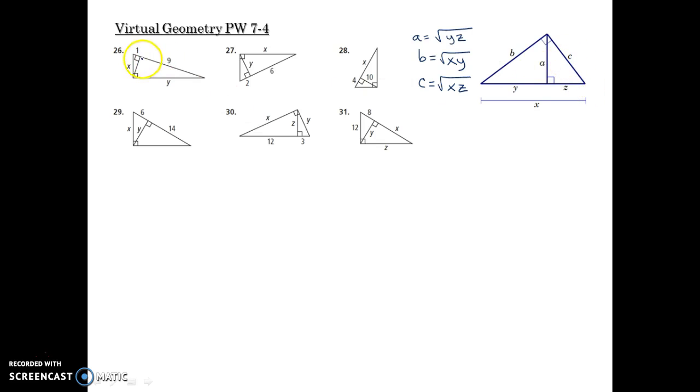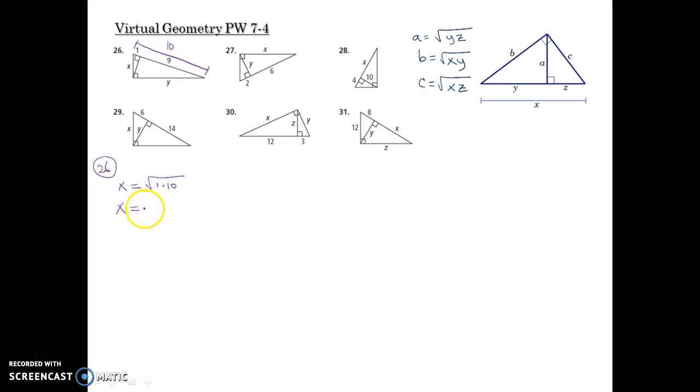So my x is the geometric mean of 1 and this whole hypotenuse, which is 1 plus 9, or 10. So x is the square root of 1 times 10.